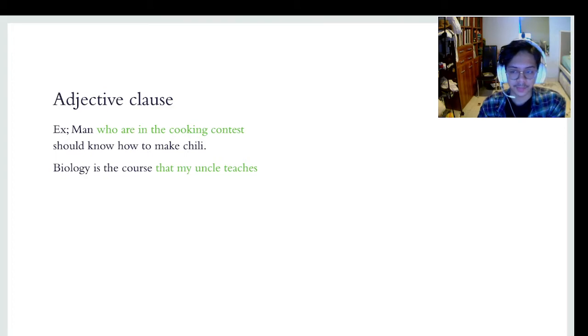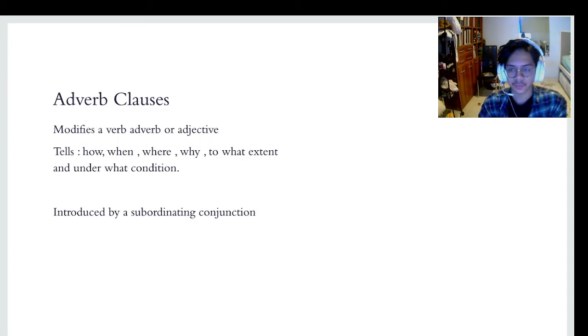Adjective clause examples: men who are in the cooking contest should know how to make chili. Biology is the course that my uncle teaches. So you can see that in the first adjective clause we use who, and in the second example we use that.